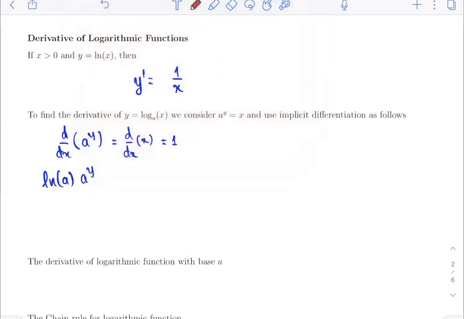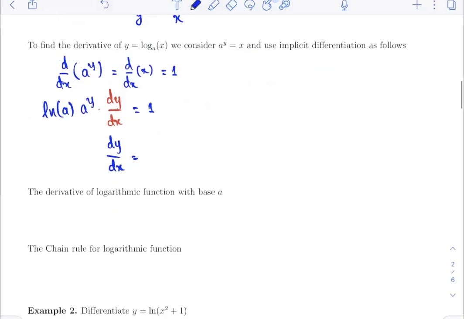You have to take the derivative of the inside function, and the inside part of the function is y. You still have dy/dx in this case, and you set this equal to 1. Now you solve for dy/dx by dividing both sides by ln of a times a to the y. This gives me 1 over ln of a times a to the y.